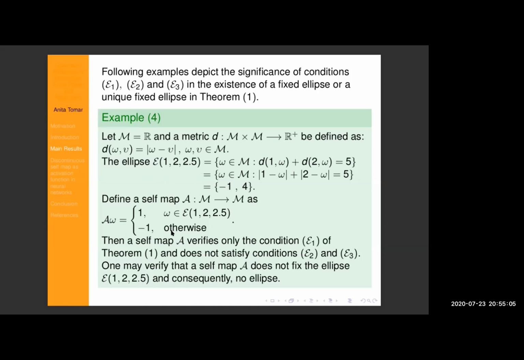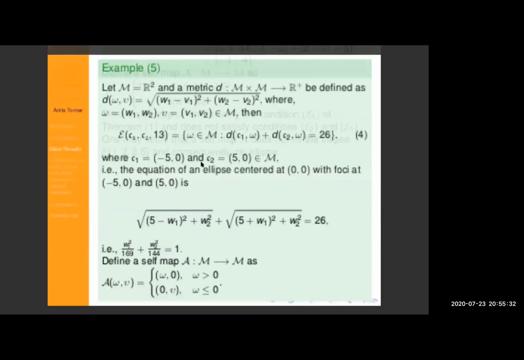And if we define a map which is equal to 1 for the points on the ellipse and -1 otherwise, then one may see that A verifies only the first condition of theorem 1 and does not satisfy the second and third conditions. And also one may notice that A does not fix this ellipse, and in fact, it does not fix any ellipse.